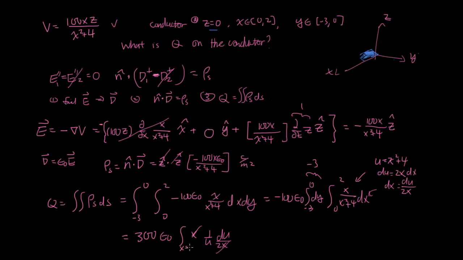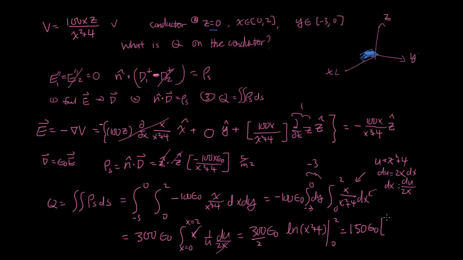Let's just keep this at x for the time being, but I'll explicitly state that it's x so I don't forget when I say 0 to 2. And so now I have this 2 that I pull out, and the integral of 1 over u is simply going to be ln of u, where u is x squared plus 4. Let's plug that back in, where we evaluate it from 0 to 2. And that's going to give us 150 epsilon naught.